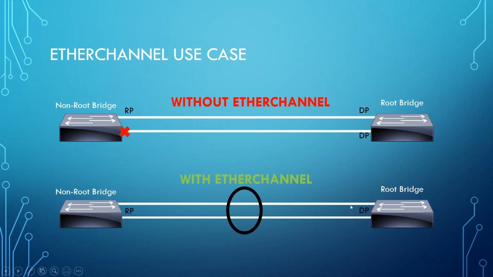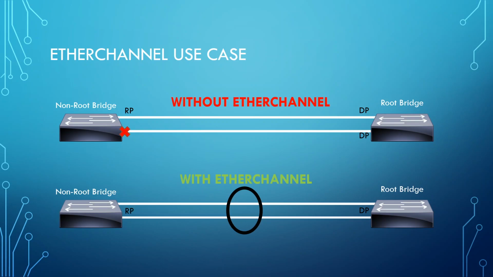So now, when the non-root bridge is going to forward traffic to this root bridge, it doesn't say, okay, I'll forward traffic over FA0/1 or GI0/2, etc. No, it says, I'm going to forward traffic over this EtherChannel. Then when it comes to actually forwarding the traffic, it's going to load balance and choose one of the physical links based on the load balancing algorithm.